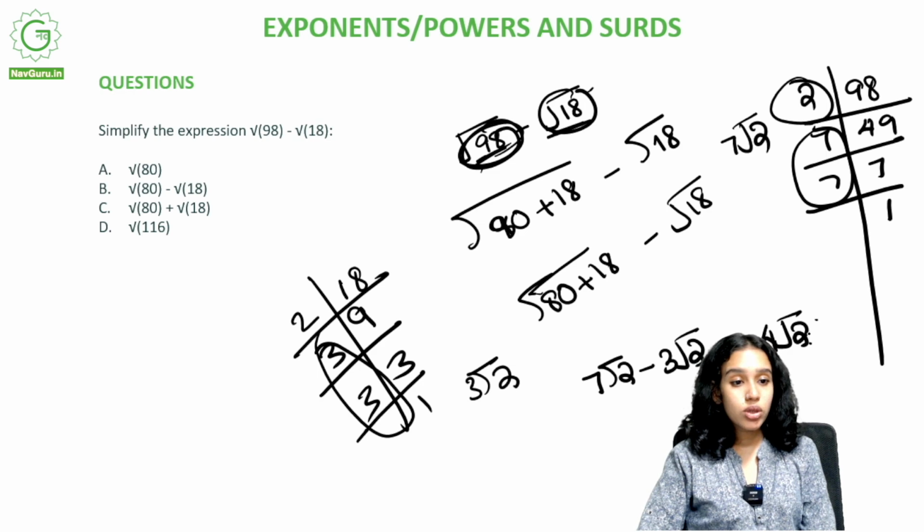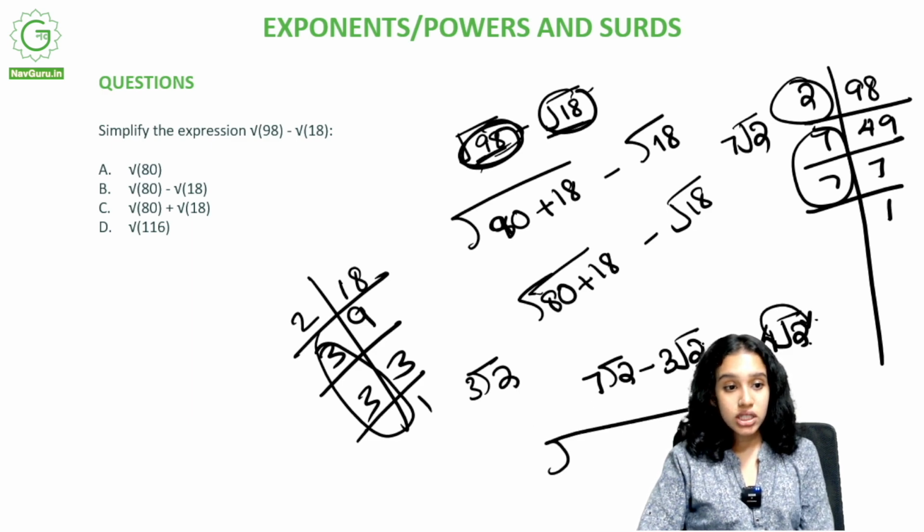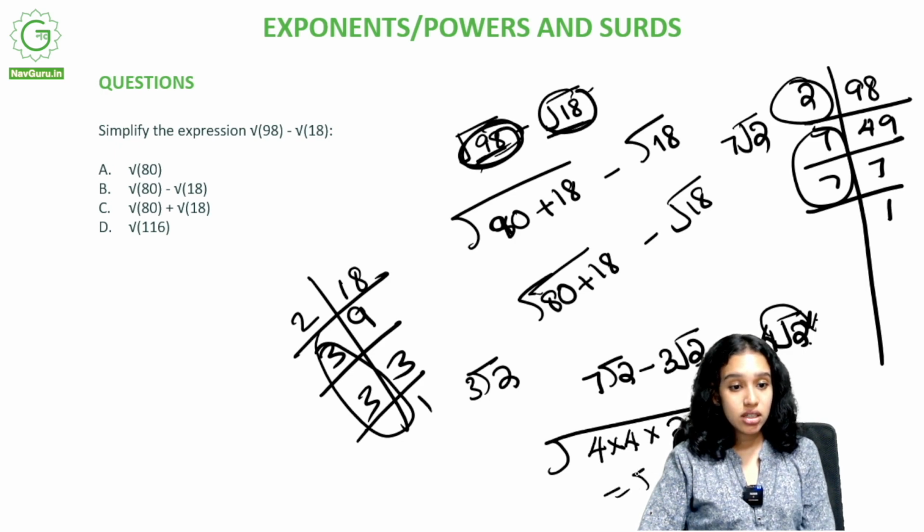So, what is 4 into root 2, right? How can we do this? Let's take the 4 inside of the root. So, what happens when we take it inside of the root? We multiply it 2 times. 4 into 4 into 2. That is root of 16 into 2. That is the root of 32.